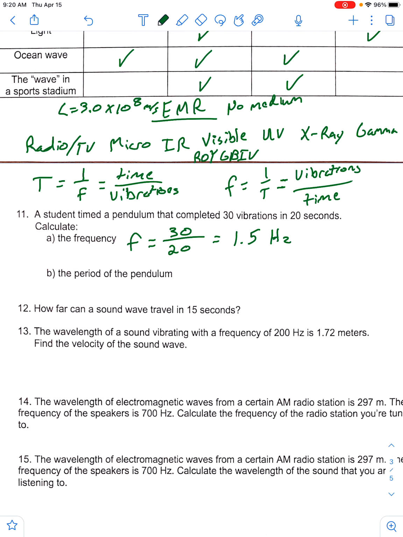That basically means I can fit 1.5 waves in 1 second. Period is just the opposite. I'm going to take my time, which is 20, and divide it by the number of waves or vibrations. So 20 divided by 30, and I get 0.67 seconds. That's the time it takes for one vibration.